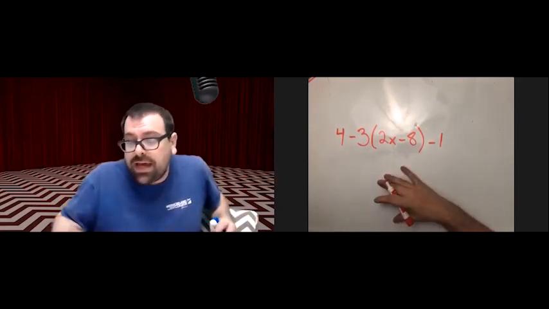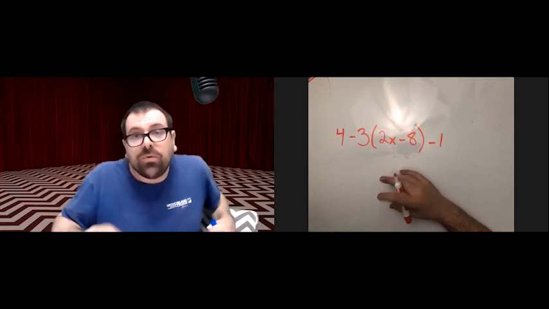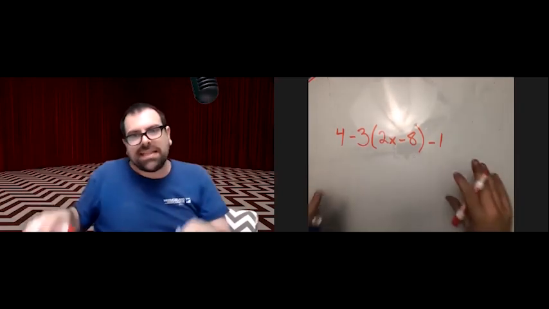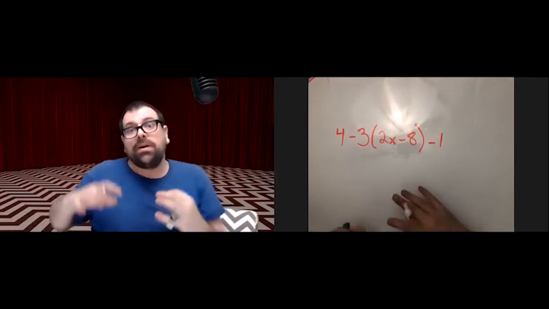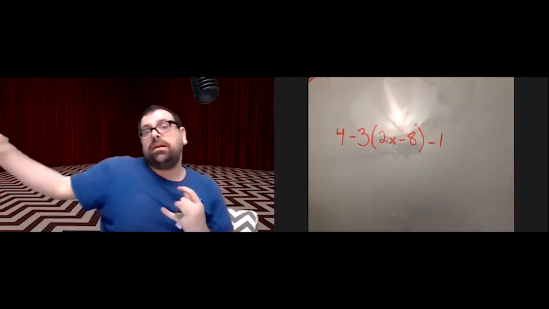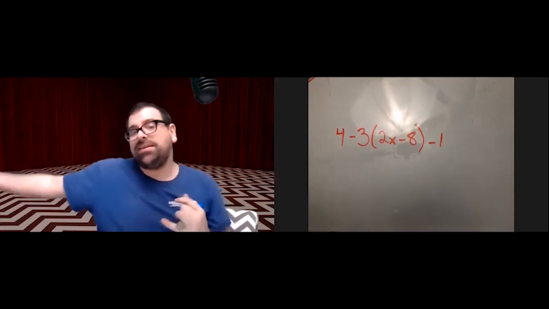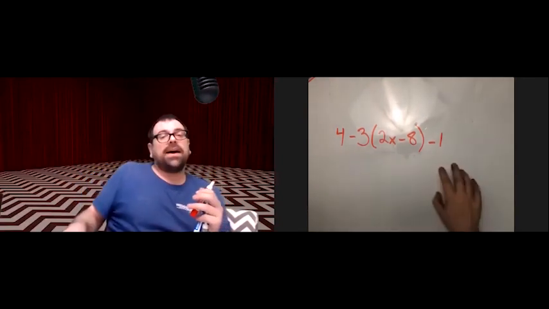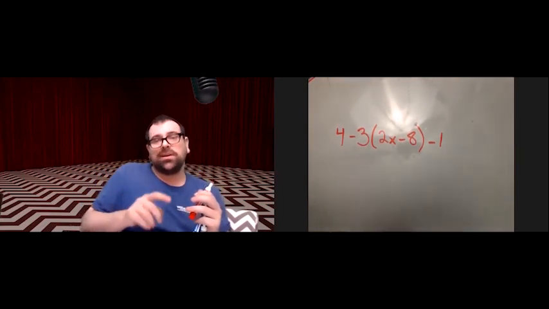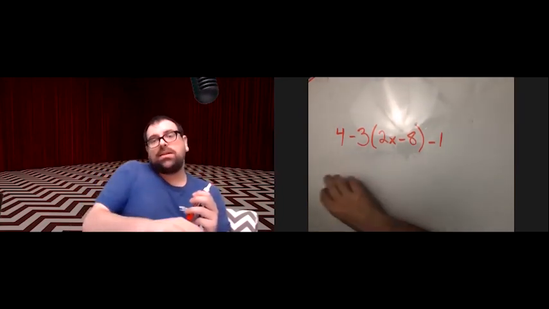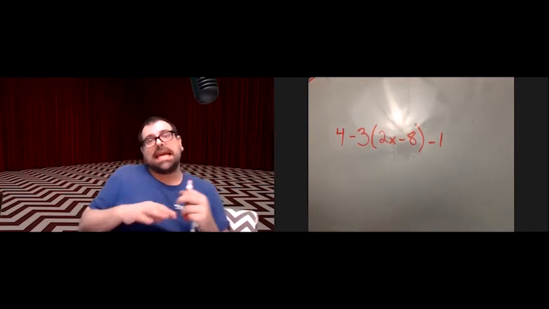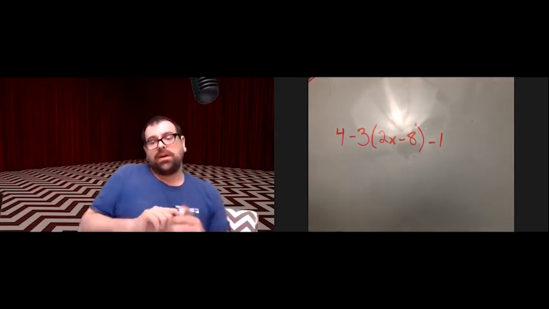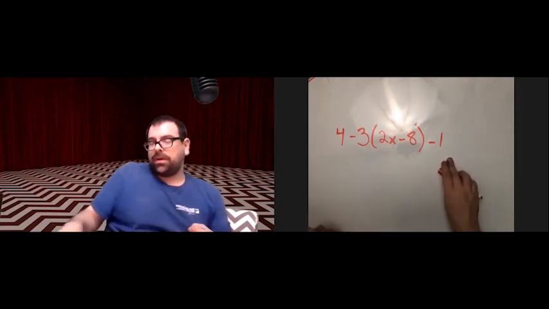The better you are at this, the better you're going to be at everything else, because this is a step in many things going forward. The first step in simplifying any expression is to clear parentheses. And the way you clear parentheses in any problem is by using the distributive property. So let's take a look here.